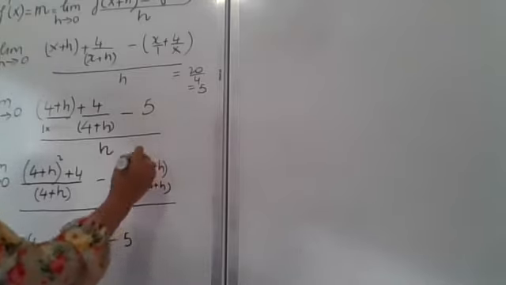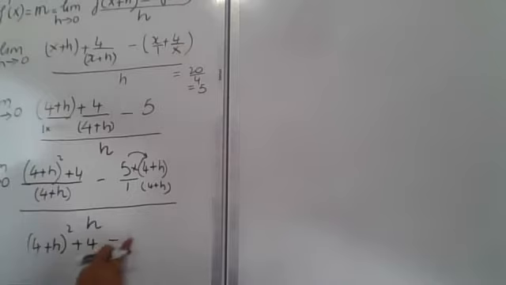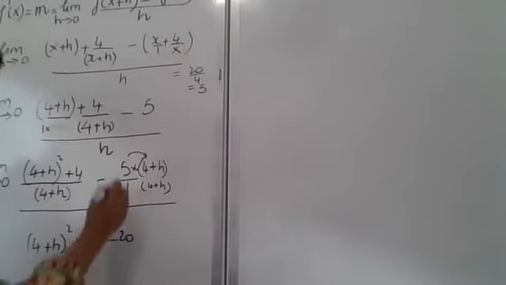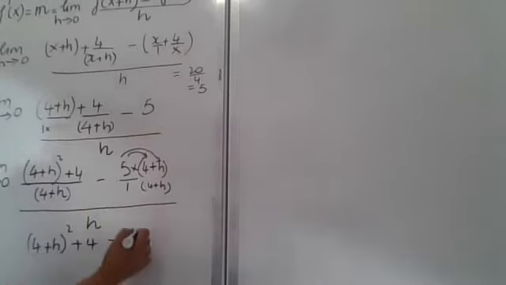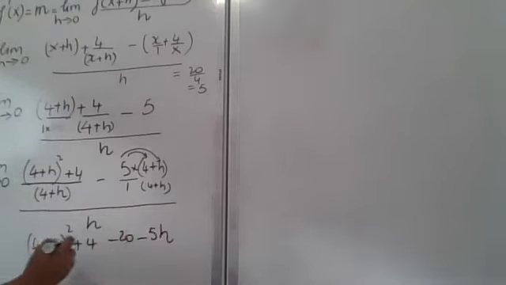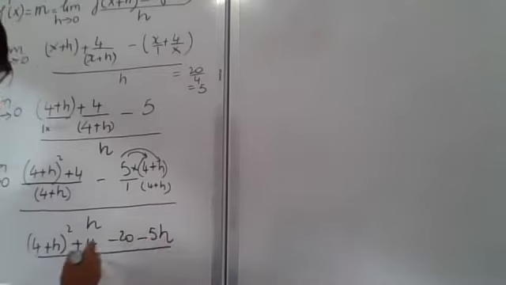Let me multiply through, right? So minus 5 times 4 is minus 20, and minus 5 times h is minus 5h. All of this will be over 4 plus h, one common denominator.